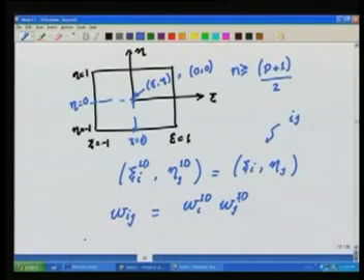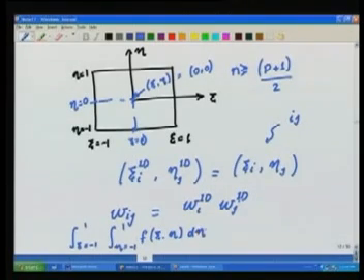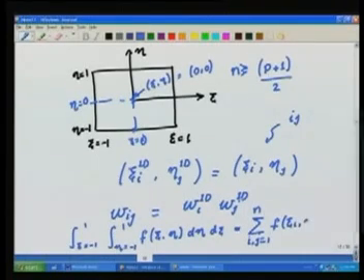That is, the integral over psi from -1 to 1, integral of eta going from -1 to 1 of f, which is a function of psi, eta, d eta d psi, is equal to the summation over i, j going from 1 to n of f at the point psi I, eta j, into w ij, okay.